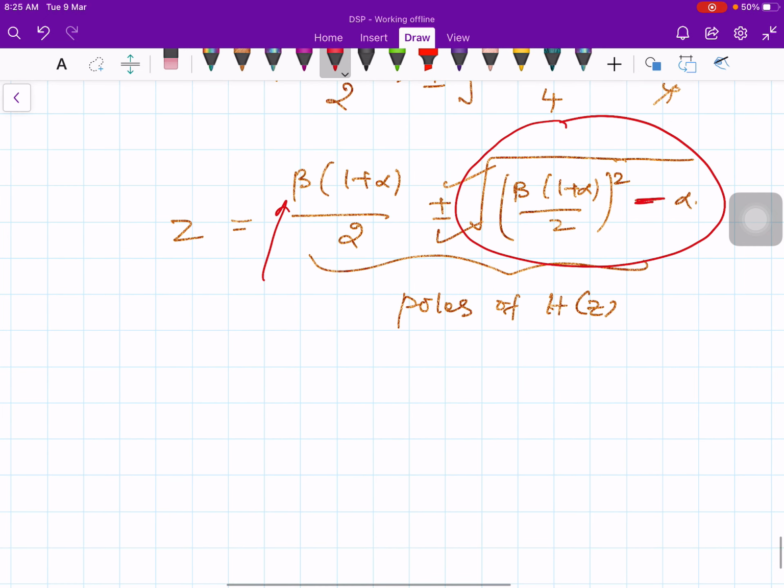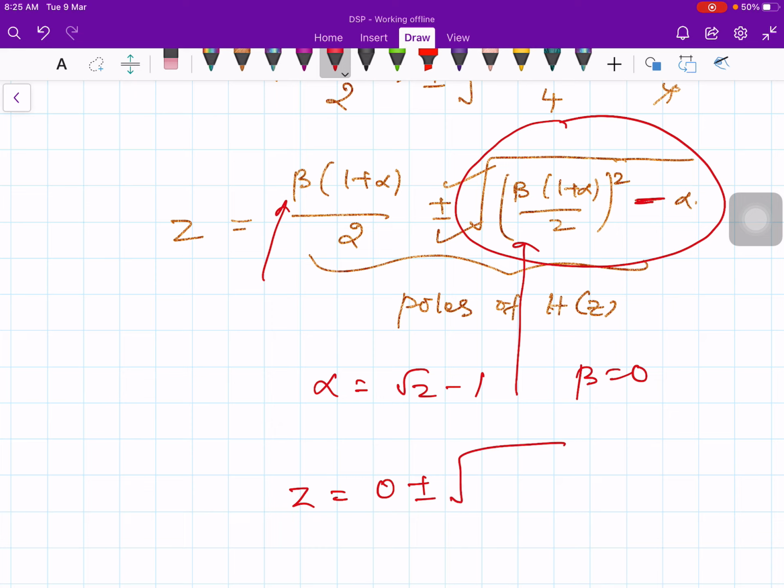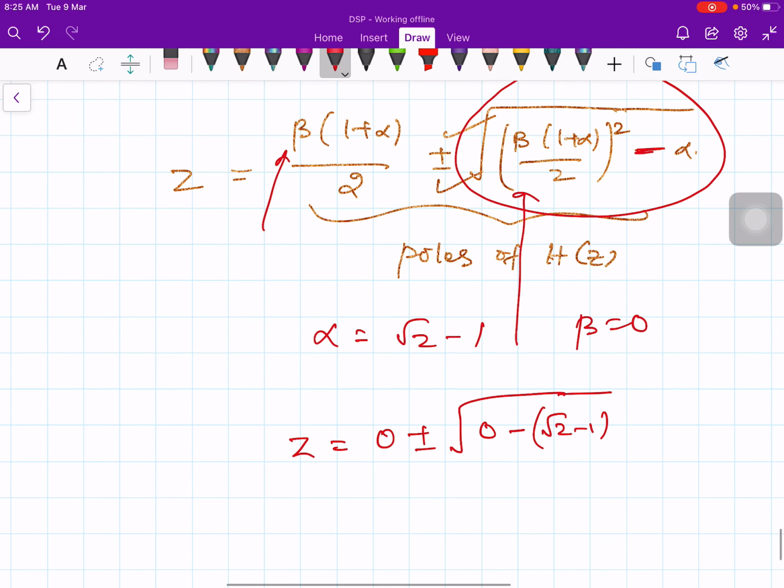Now let us take alpha equal to root 2 minus 1 and beta equal to 0, substitute in this formula, and then we will find out the transfer function. So in this case z equals 0 plus or minus square root of 0 minus alpha. What is the alpha value? Root 2 minus 1. So this is plus or minus square root of 1 minus root 2.